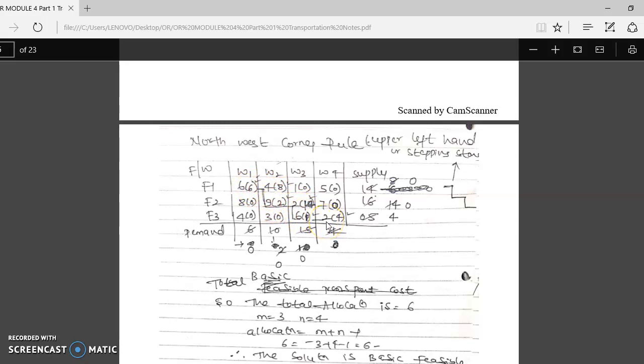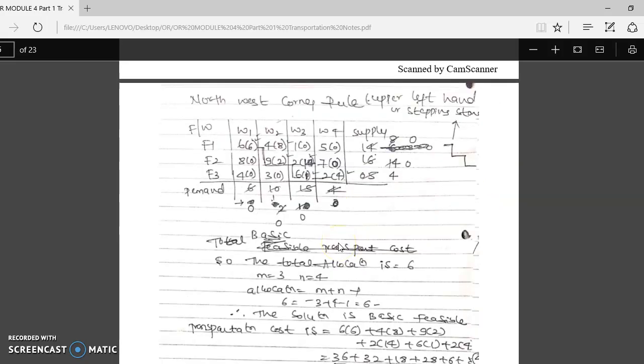In the exam also, whenever we get a northwest corner method, you should get the answer like the step only. Okay. Then the number of allocations are 1, 2, 3, 4, 5, 6. So allocations are 6, number of rows are 3, number of columns are 4, m plus n minus 1 is 6, equal to 6. So the final solution is non-degenerate. Okay.